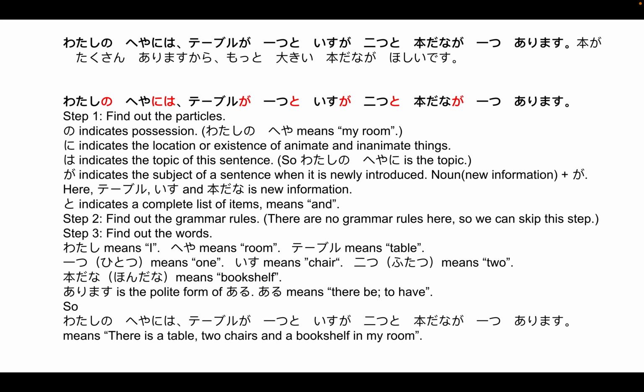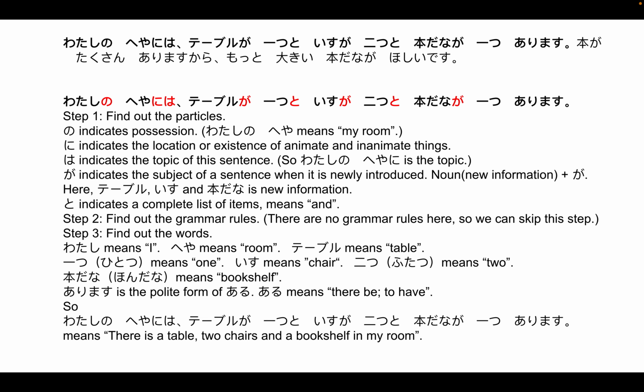Ga indicates the subject of a sentence when it is newly introduced. Now the new information plus ga. Here, テーブル, 椅子 and 本棚 is new information. To indicates a complete list of items, means and. Because there are no grammar rules here, so you can skip step 2.